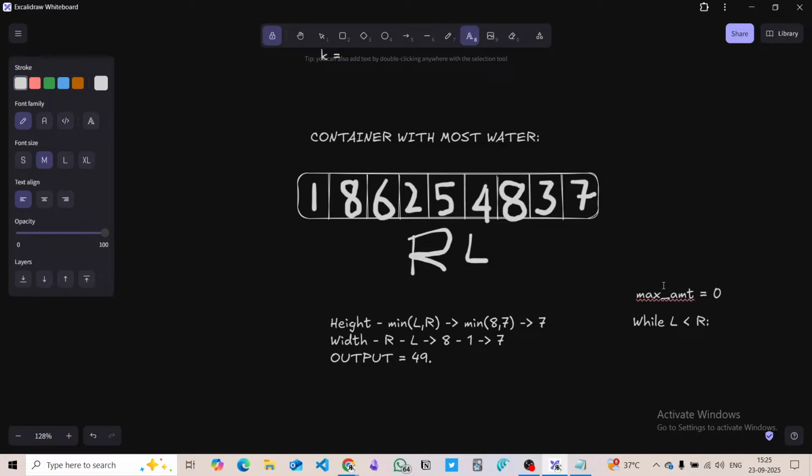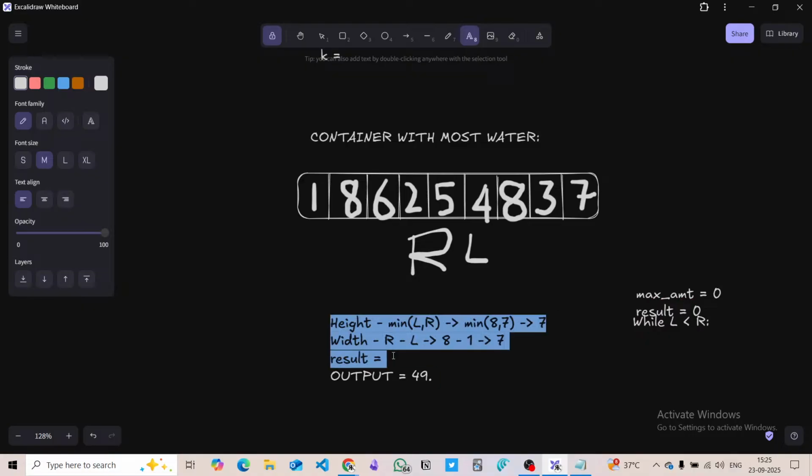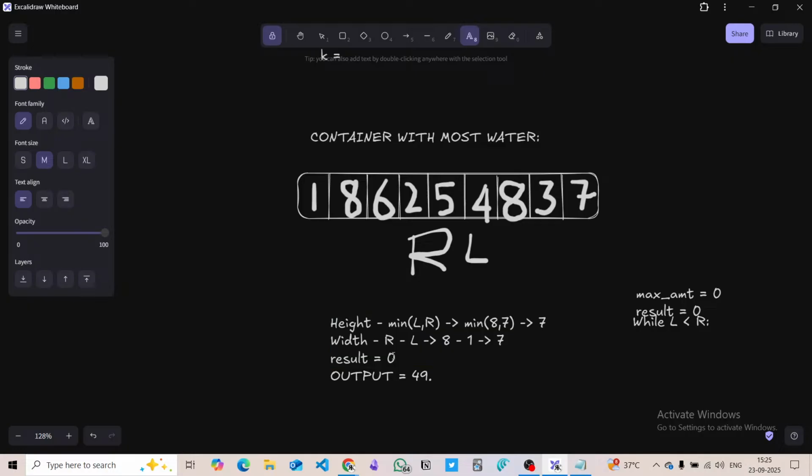Okay, so this will be 0. So whenever we find a result, after finding the result, the result is equal to 0.